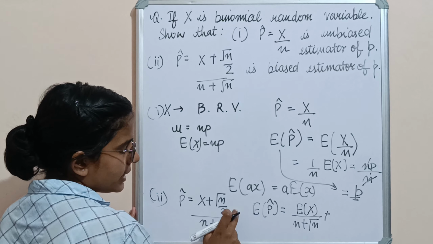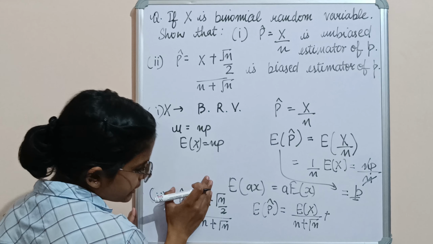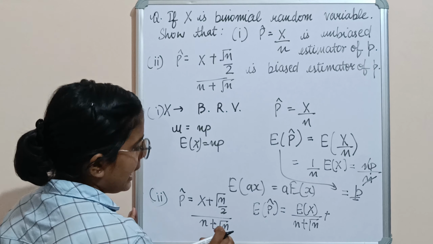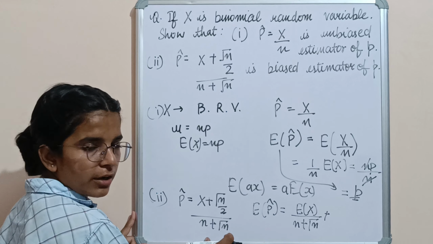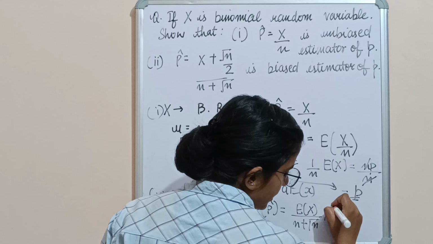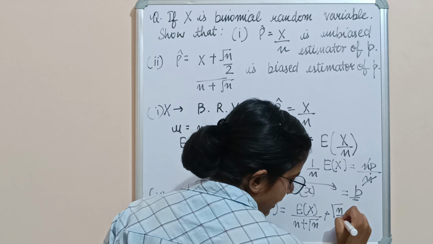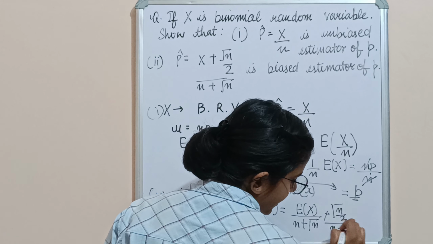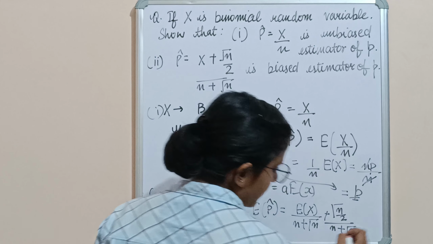Now this term will be a constant, and expectation of a constant equals that constant, plus root n by 2 divided by n plus root n.